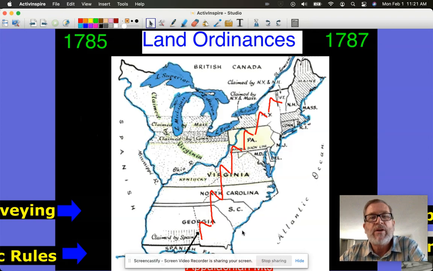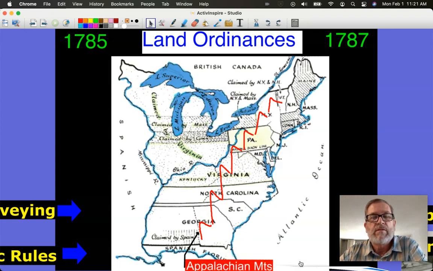This map is intended to show you, and this line here in red represents the Appalachian Mountains. The area we're going to be talking about is where I'm circling around the Great Lakes.